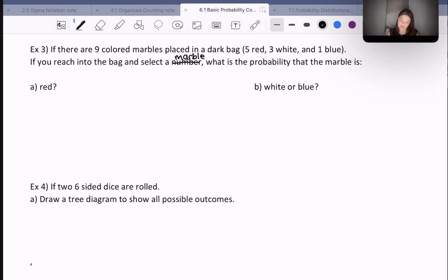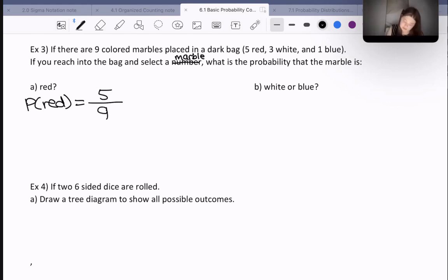What is the probability that the marble is red? Well, there's 5 red marbles, so 5 is the number of outcomes that fulfill this event of it being red, and in total there's 9. So 5 over 9 is the answer.